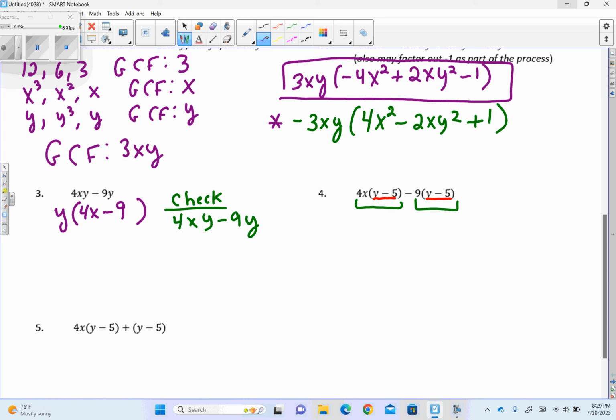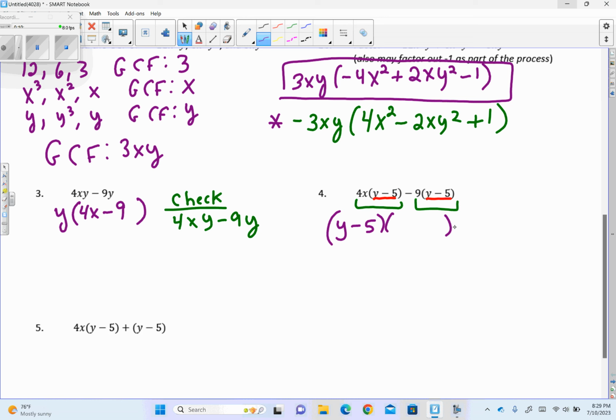It's a little harder to think about because it's an expression, but it works the same way as if both of those terms had a common y. What's common is the expression y minus 5. So I'm going to write that out front.